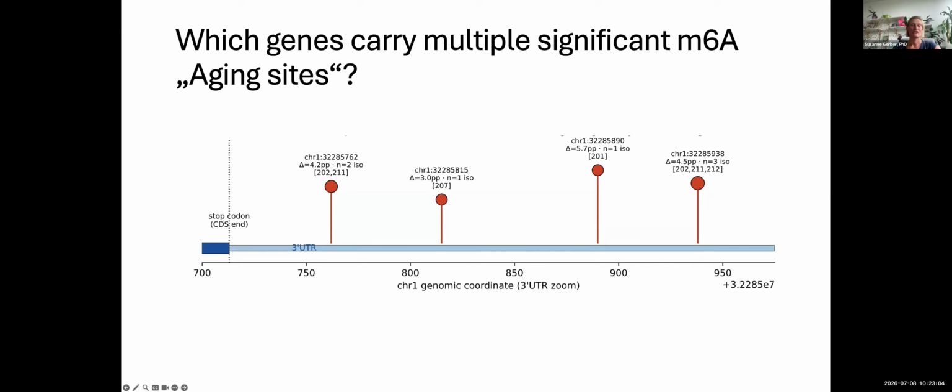And indeed, there were several genes, such as LCK, the lymphocyte-specific protein tyrosine kinase, that has 4 different locations, actually even 8 on isoform level, that are all related with age and all show a strong age drift. And we selected approximately 200 of these age-related genes.